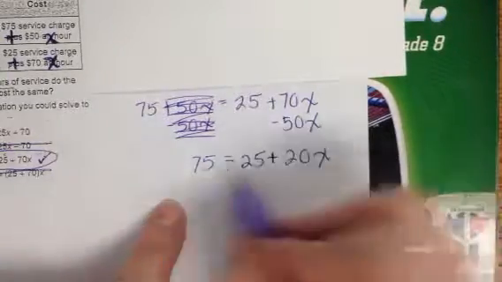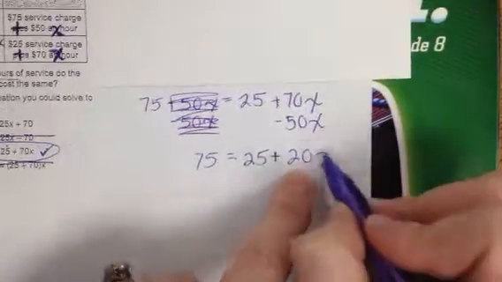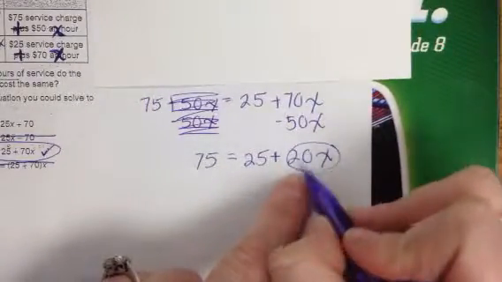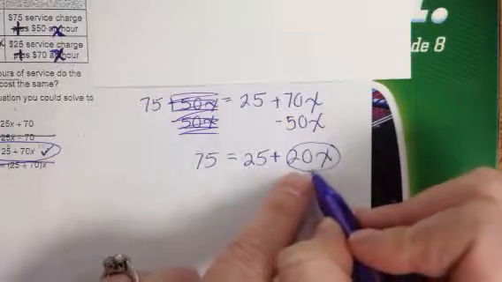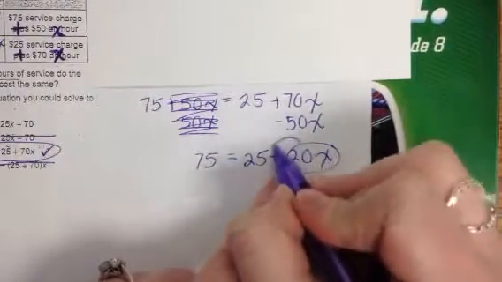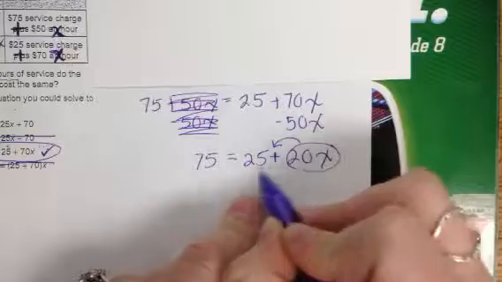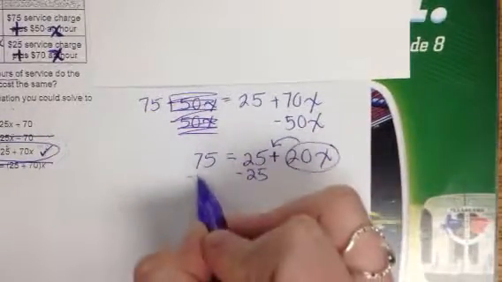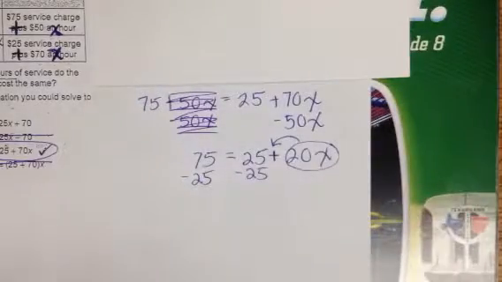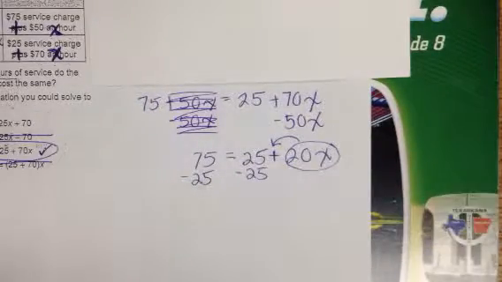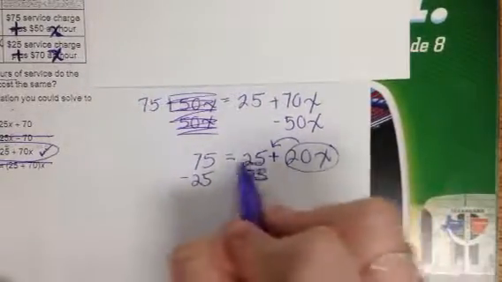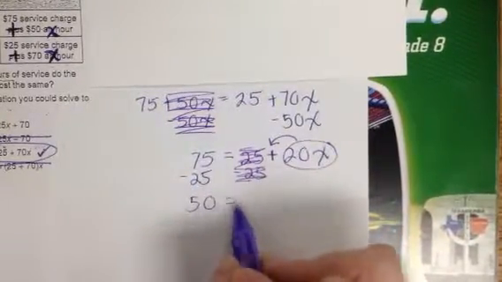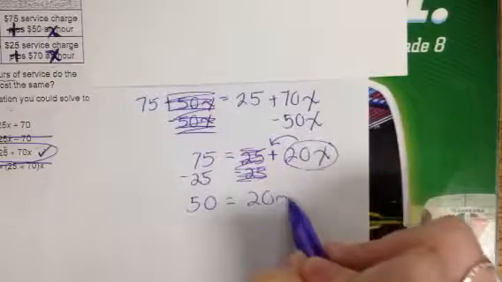Okay, so then I go back and I find my variable. It's connected with this positive 20, so I'm going to save that part that it's connected to for last. I don't want this positive 25 on this side. So a minus 25 would make it go away. I'm moving numbers away from my variable. Cancel. Work it. Bring it down.